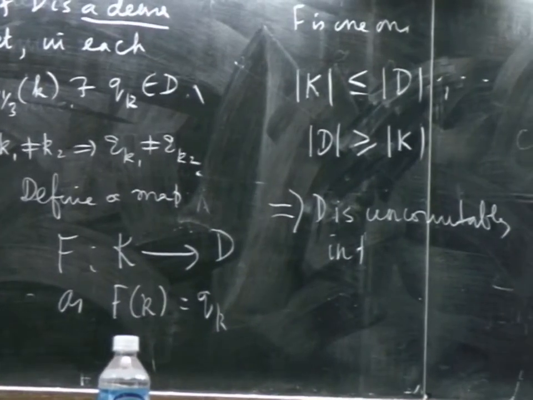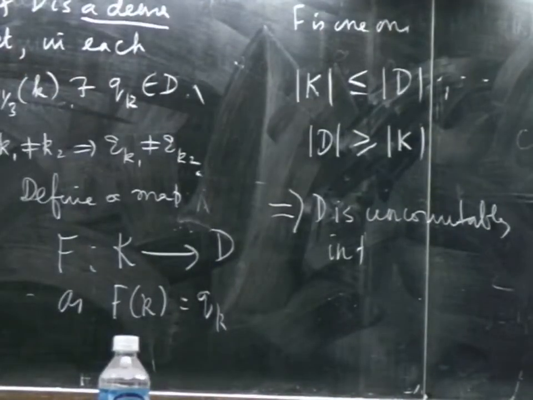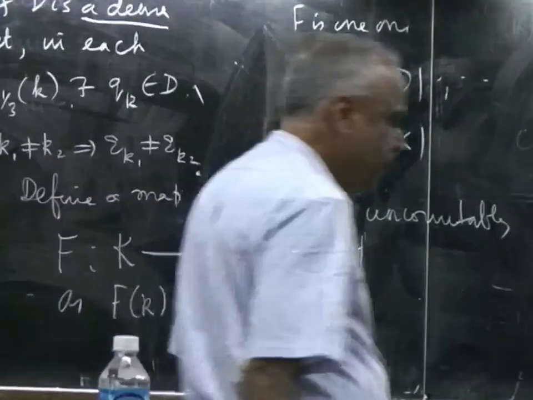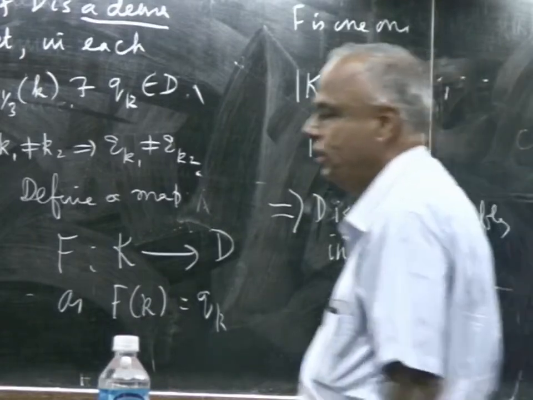So L infinity cannot have a countable dense subset. That suggests you have to categorize metric spaces as those which have countable dense sets and those which do not, and that gives us the notion of separable metric spaces. All the examples of the Lp type seen are separable, except this L infinity. All others are separable metric spaces.